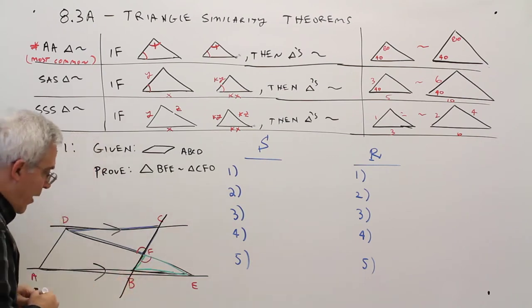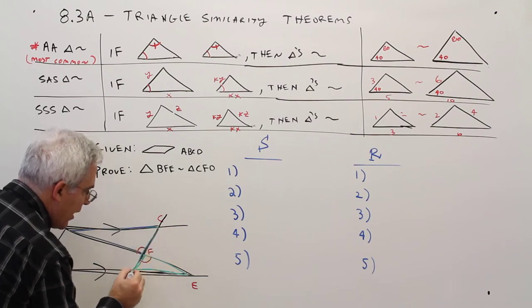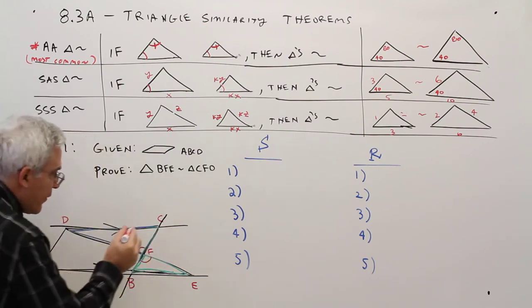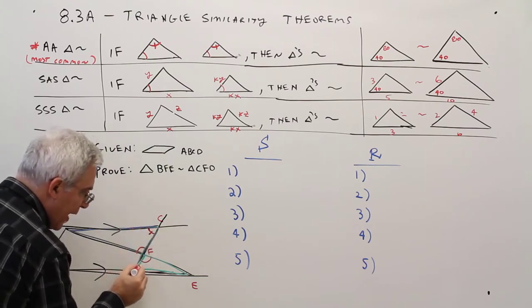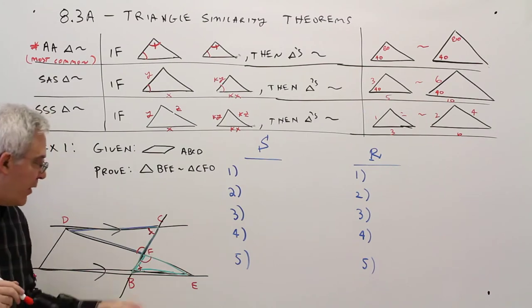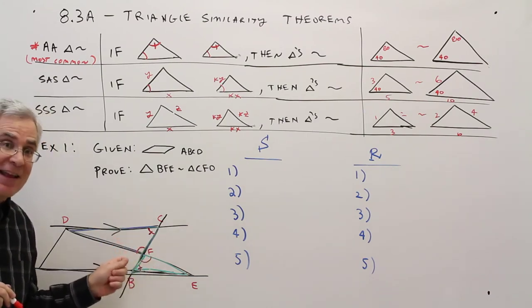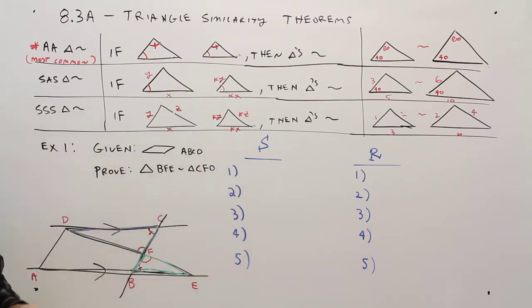For this transversal right here, notice I've got this Z formation, and when I've got that, that's alternate interior angles. So this angle here will be congruent to this angle there. Boom! This triangle will then be similar to that triangle by angle-angle similarity. Now that I've got a game plan, I'm going to write it all down.